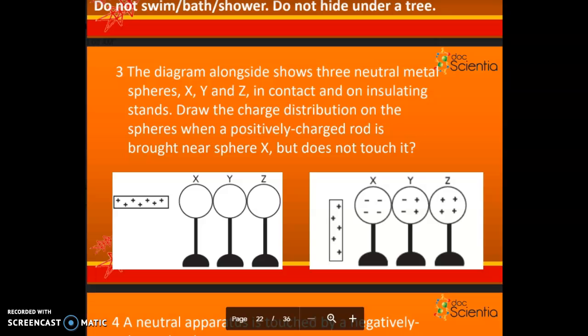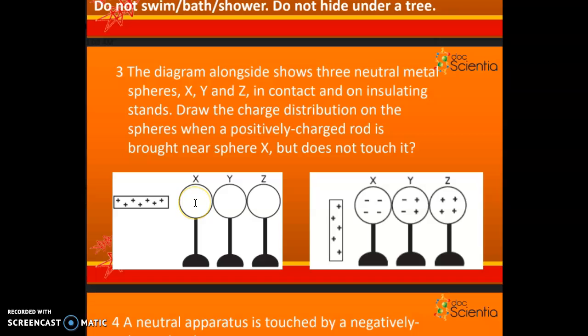The diagram number 3 alongside shows 3 neutral metal spheres, X, Y, and Z, in contact and on insulating stands. Draw the charge distribution on the spheres when a positively charged rod is brought near sphere X, but does not touch it. Alright, so if you bring the positive side near a neutral, it will become negative.